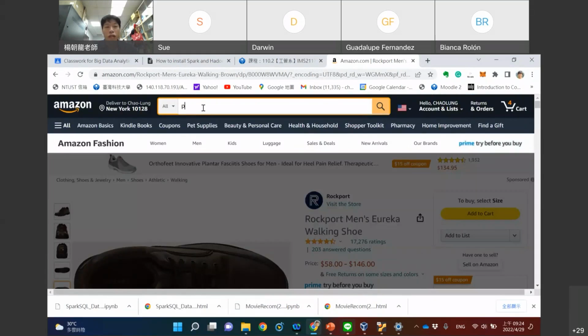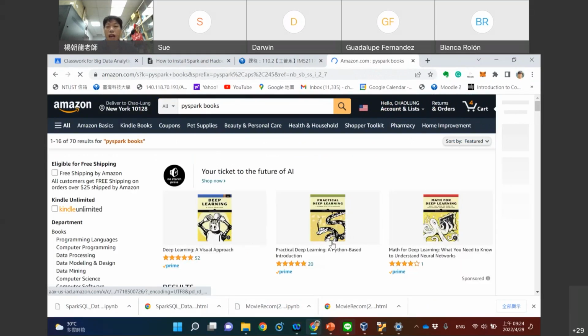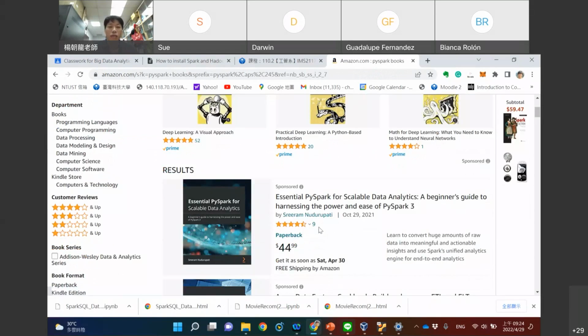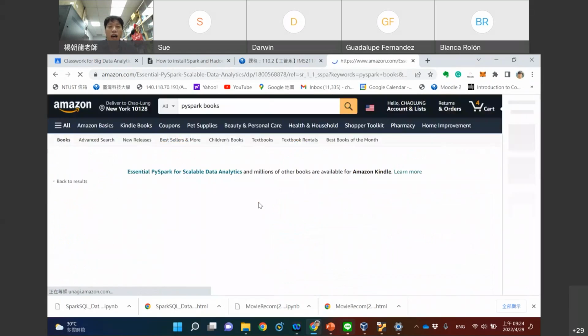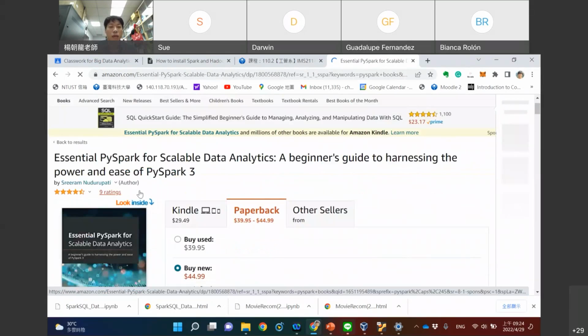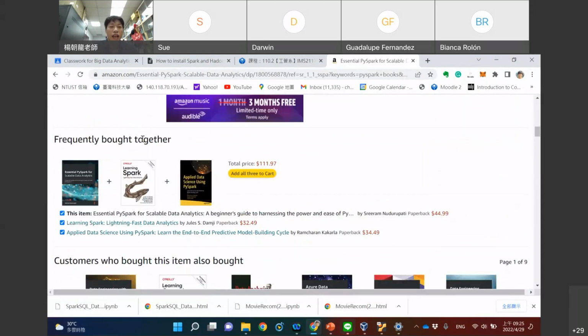I searched for PySpark, which is something we're going to learn. I choose a book, maybe a probably interesting one, maybe this one. Okay. Obviously, it's a sponsored result. I mean, they put advertising on it. And you can see there is some information also showing what people bought together.